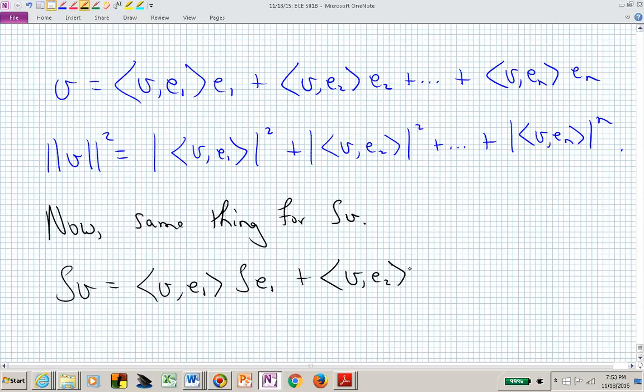The inner product of V with E sub 2 is going to scale SE sub 2, and we just keep going, so that the inner product of V with E sub n is going to scale SE sub n.